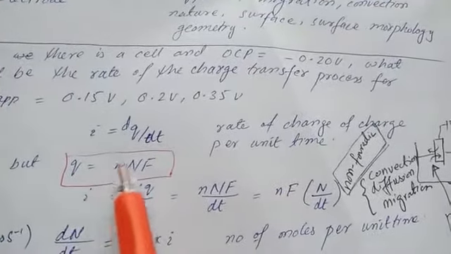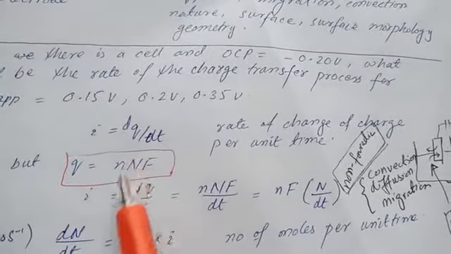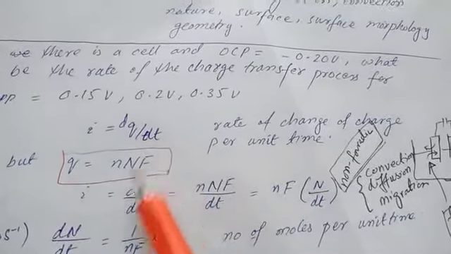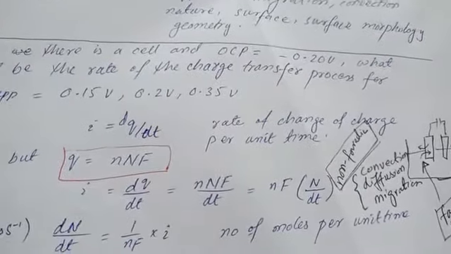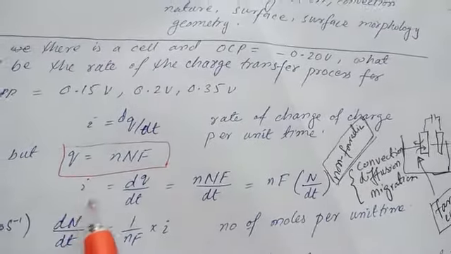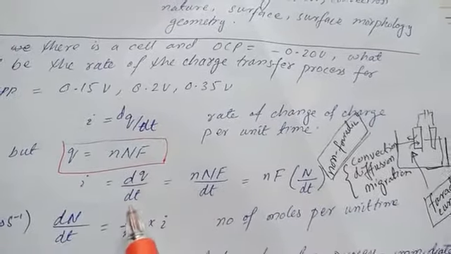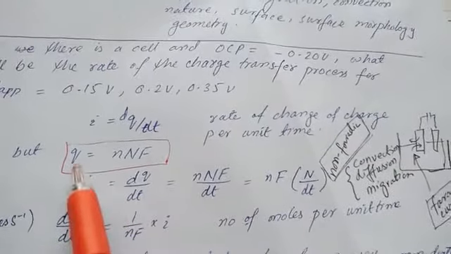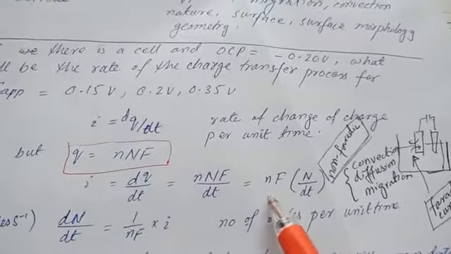Here n is the number of electrons, capital N is the number of moles, and F is the Faraday constant. So current is actually the change in charge with respect to time. By putting this in, we get this equation.